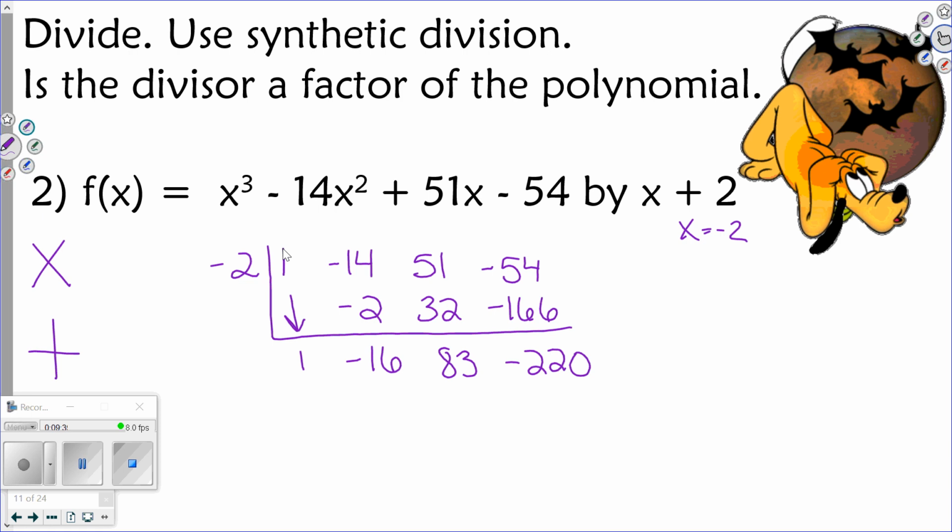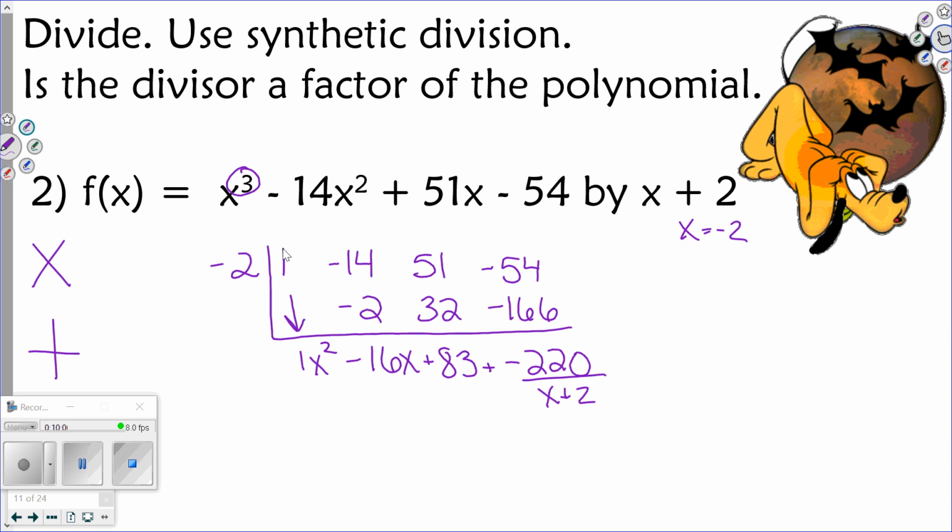But I've got to put my variables back in. Since this is x cubed, this one's going to be x squared. This one is the x. Don't forget to put those pluses back in because the plus signs aren't there. So what's the 220? That's my remainder. So is x plus 2 a factor of that? No, there's a remainder.